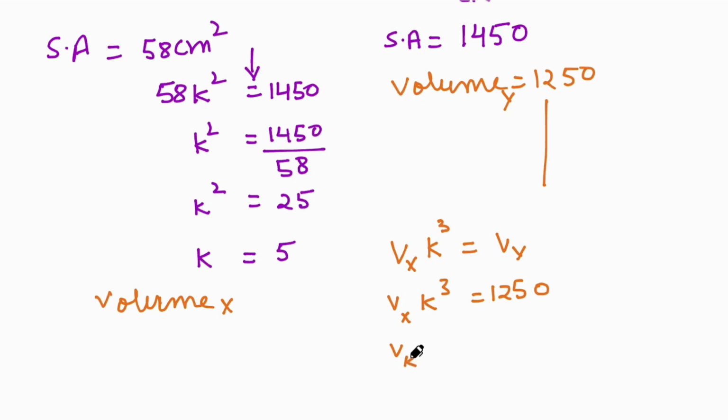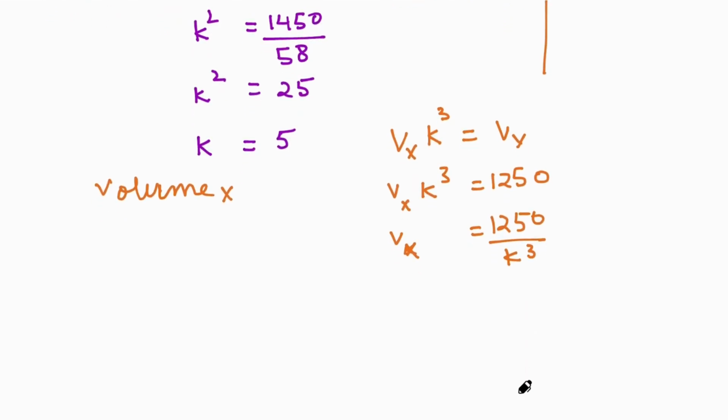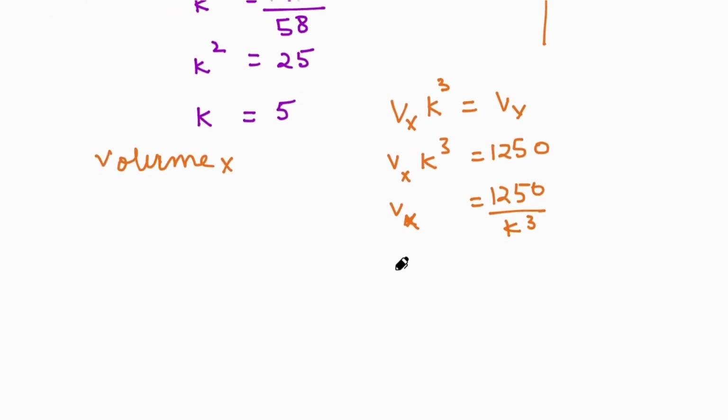So volume of X is equal to 1250 divided by K cubed on both sides. And because we have calculated the value of K as 5, volume of X is equal to 1250 over 5 cubed, which is 1250 divided by 125, which in turn is equal to 10, right?